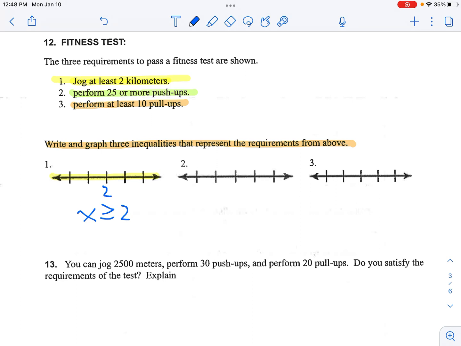So I'm going to put my 2 in the middle, my 3 to the right, and my 1 here. That's going to be a closed circle at 2 because I could jog more than that, right? If it says at least 2, I could jog 3 or 4. So that's what your 2 answers should look like. So on your test, you're going to get a point for your graphing and a point for writing the inequality.